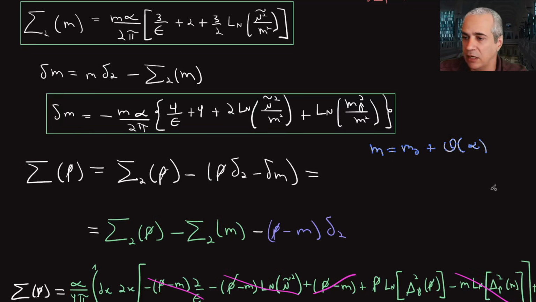And that's consistent. It appears naturally here. And it is a consequence of the Lagrangian of the QED being chiral, I mean, having a chiral symmetry in the limit where the mass of the fermion goes to 0.